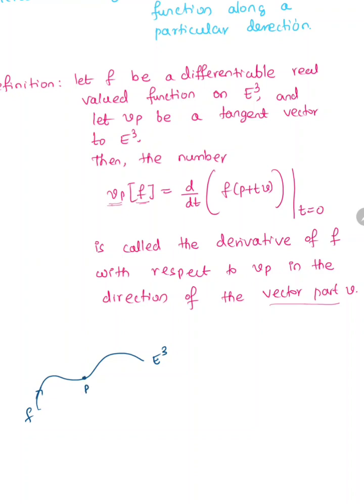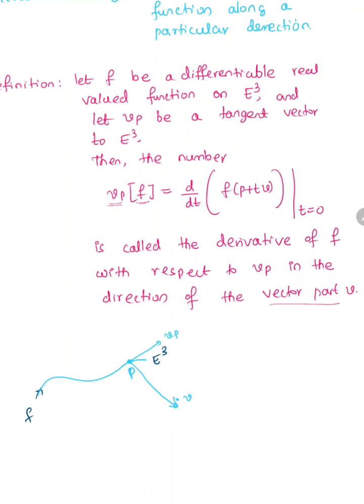If P is the point of application, I will take it here so that I can write the tangent vector. So this is the tangent vector Vp, with point of application P. Here the point V may be here.